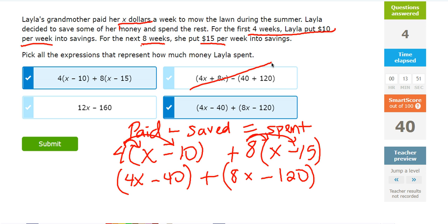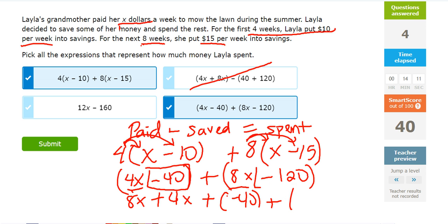If we now combine the like terms, since technically the parentheses are not necessary, we can put the x together. So 8x plus 4x plus, this is a negative 40 because it's a minus sign, so plus negative 40 plus negative 120.